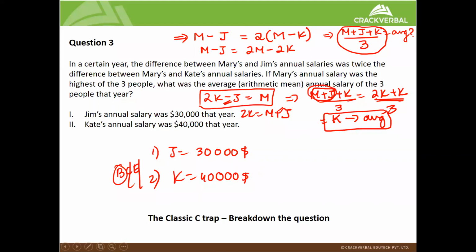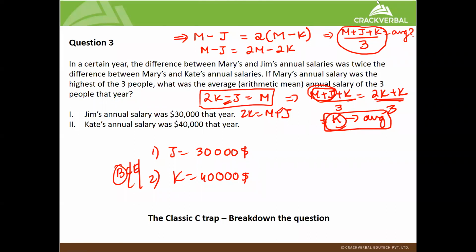So the average becomes 2K plus K divided by 3, which is 3K by 3. The 3 and 3 cancel out, so the average of this entire set of terms would just be K. So if I find out the value of K, I can clearly find out what the average is going to be. You'll have to be very, very careful on data sufficiencies because you'll need to know how to break down the question. If you break down questions and work your way algebraically in the beginning, that's going to serve you really well, especially when you work with the statements individually.